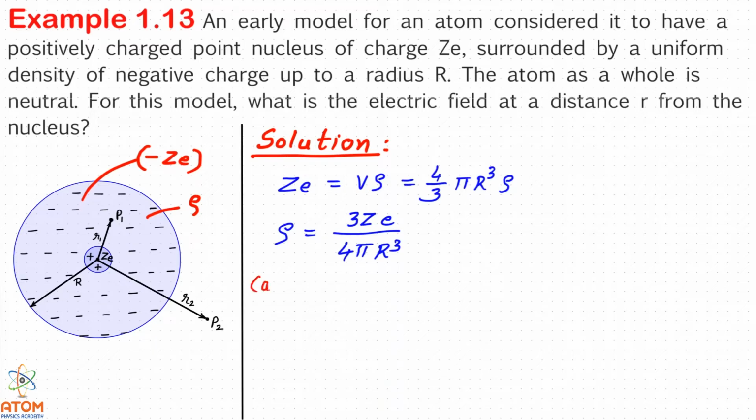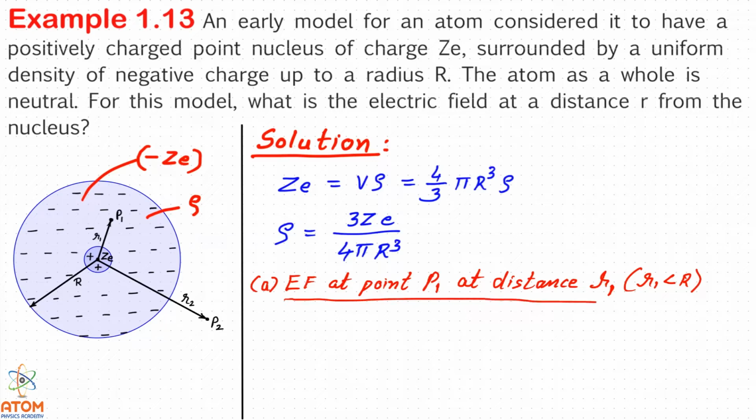So the electric field at point P1 at distance R1, where R1 is less than R. So this will be the first equation of electric field.